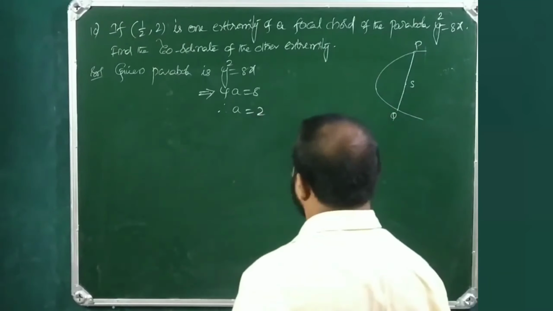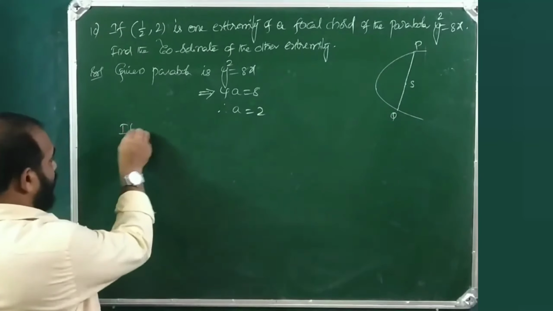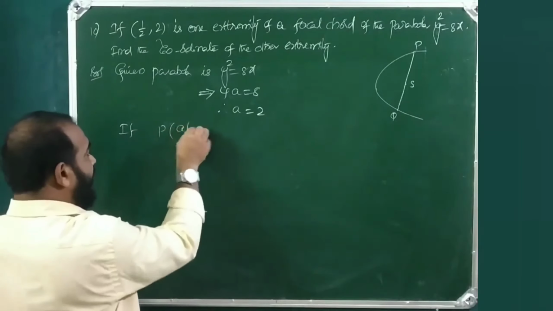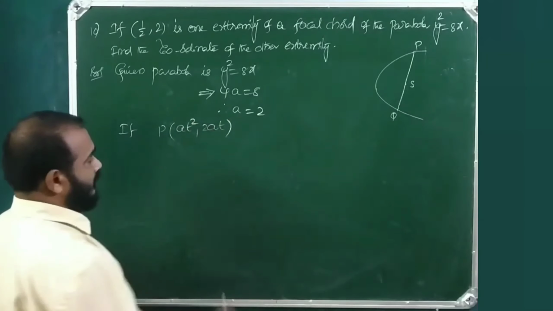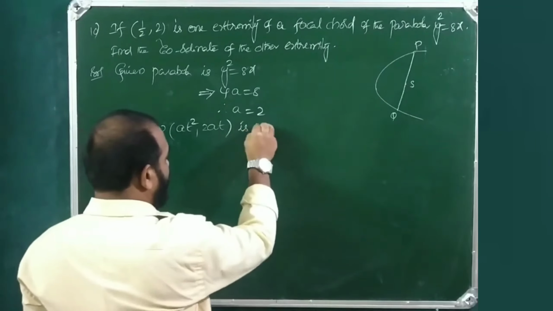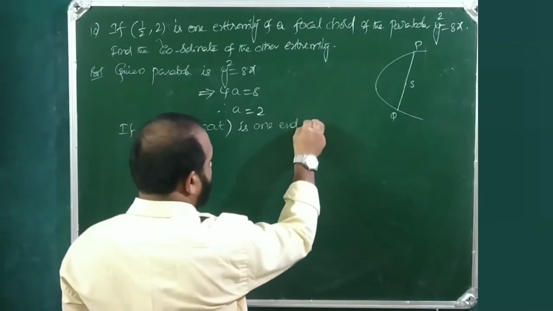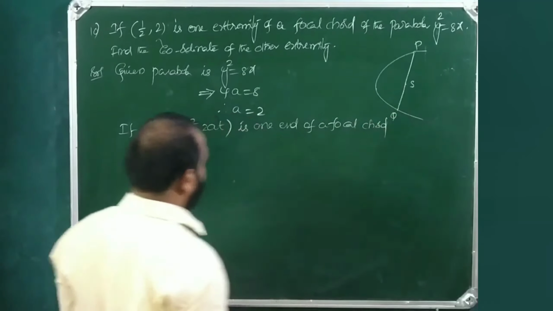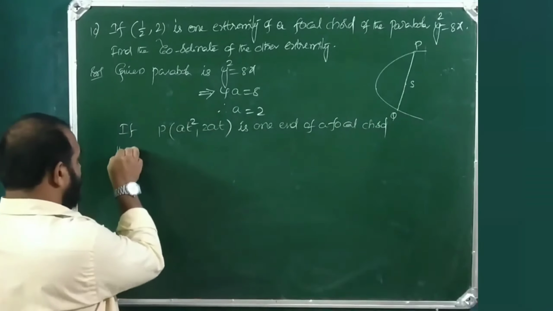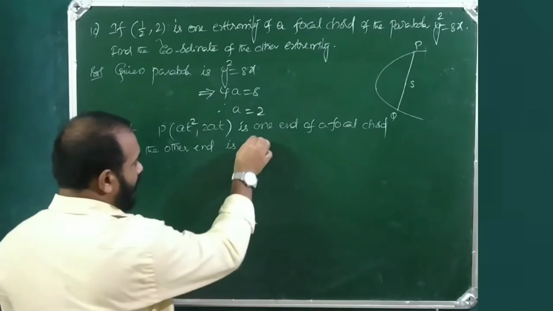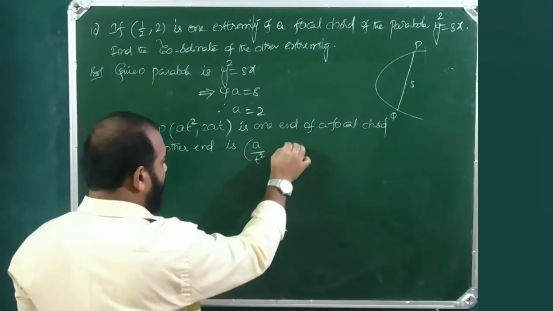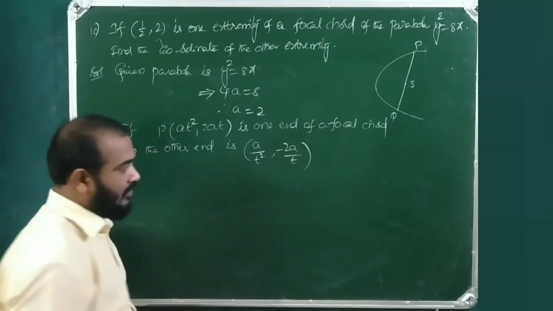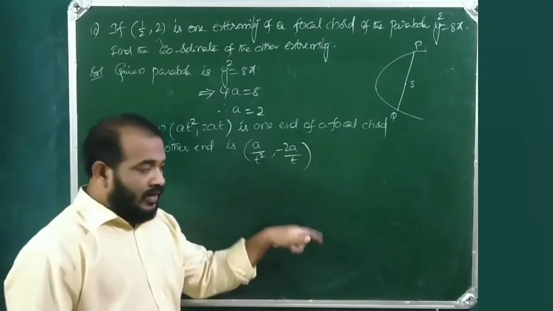So we have discussed that if P at square comma 2at is one end of a focal chord, then the other end is a by t square comma minus 2a by t, that we have discussed in this lecture itself.